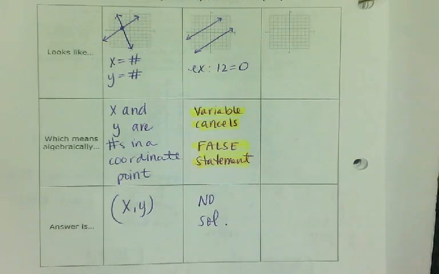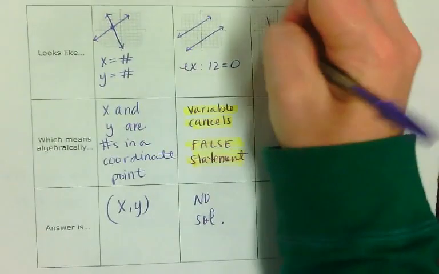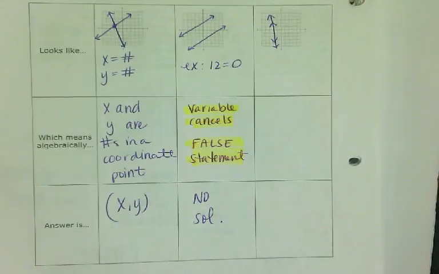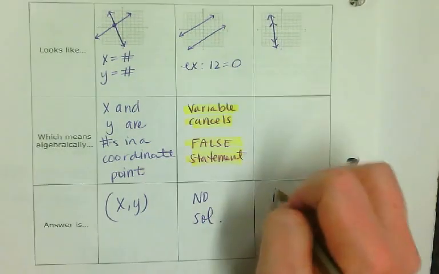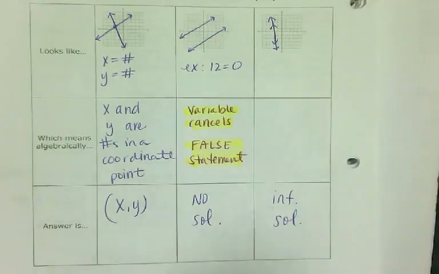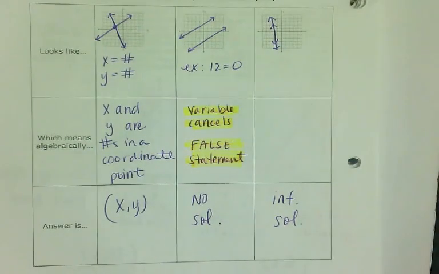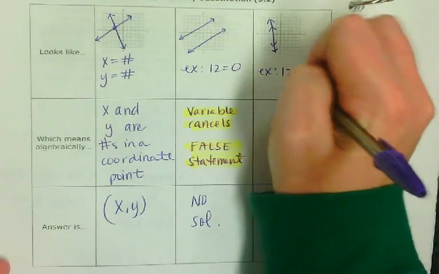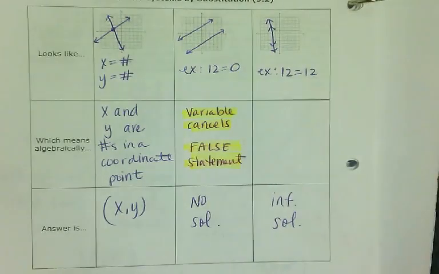Now the last kind that we have would be our coinciding lines. So that's where we draw one line and we draw another set of arrows on top. And we know from yesterday when we did graphing that this is where we have infinite solutions. This means that they share, excuse me, every point on the line. So when we're solving this by substitution on paper, we're going to end up with a statement like 12 equals 12, 1/2 equals 1/2, 0 equals 0, whatever it happens to be.